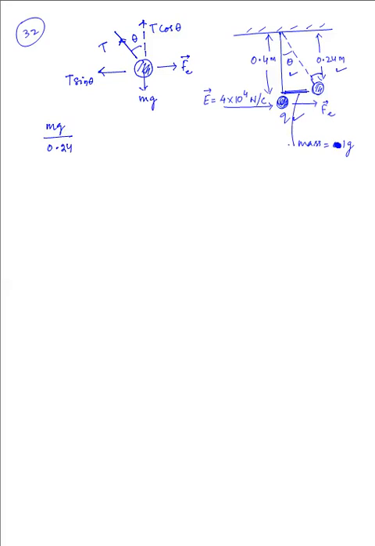This distance will simply be equal to the square root of 0.4 squared, which is now the slanting distance, that is the hypotenuse, minus 0.24 squared. We can take it as 40 minus 24. 40 squared is 1600 and 24 squared is 576.